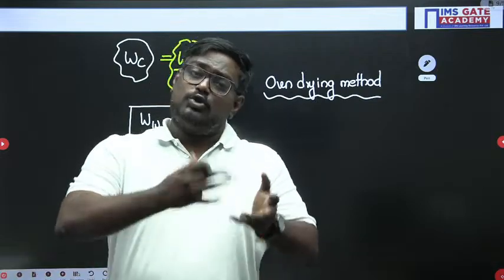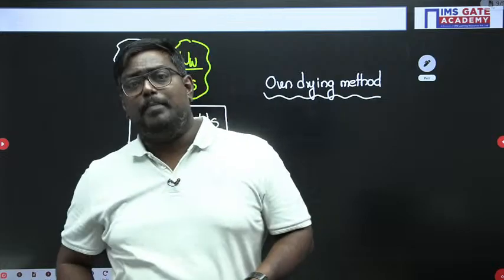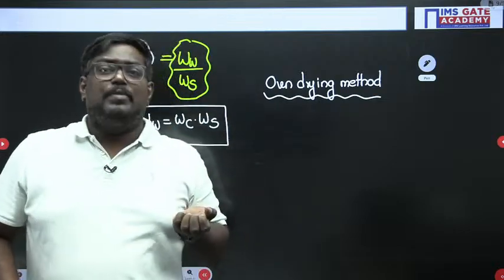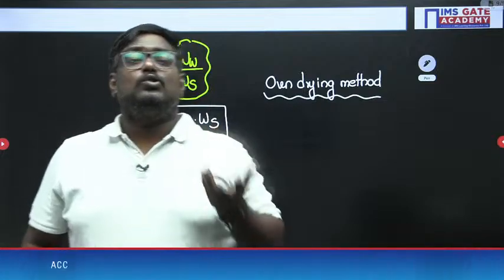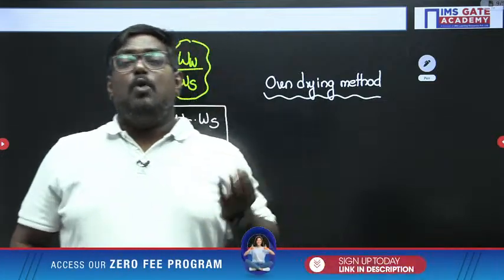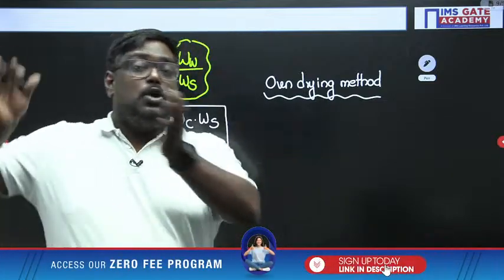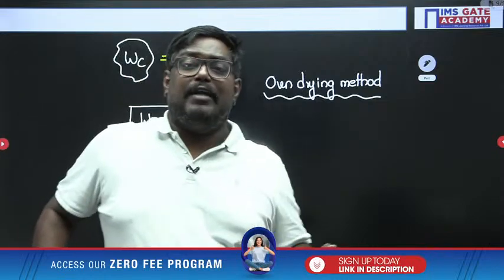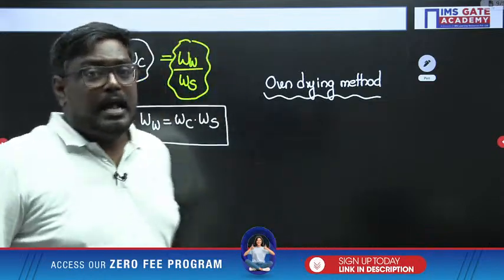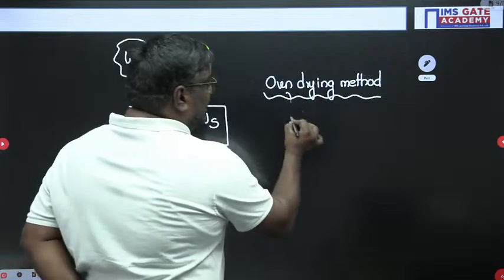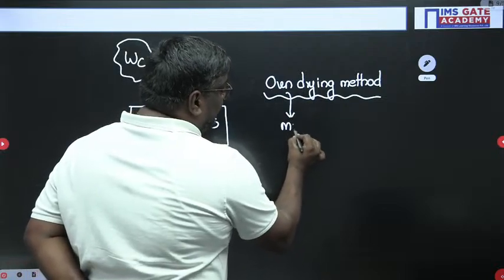The soil initially has both water and soil particles; once you remove it from the oven, it contains only dry soil. So the weight of water is the total weight minus the dry weight. And remember, oven drying is the most accurate method.